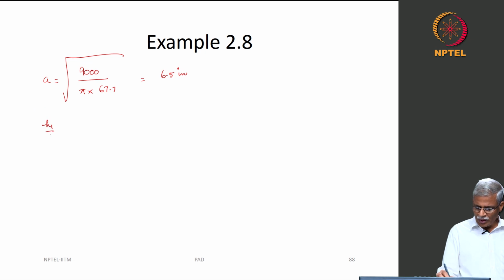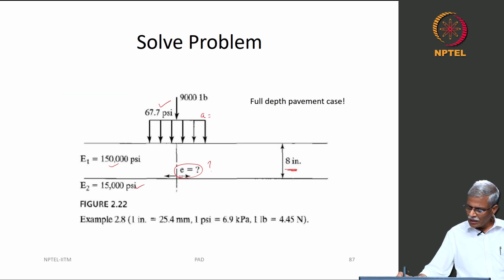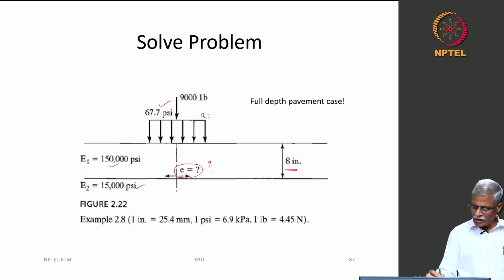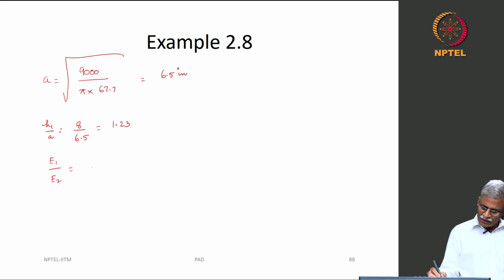Now, H1 by A is equal to 8 by 6.5, so it is going to be 1.23, and E1 by E2 is equal to 150,000 divided by 15,000, that is going to be 10.